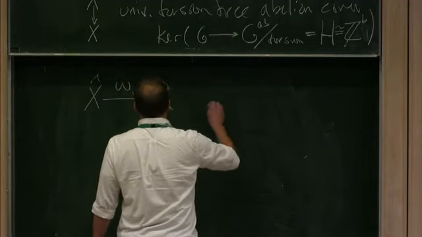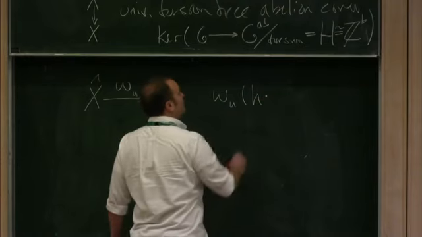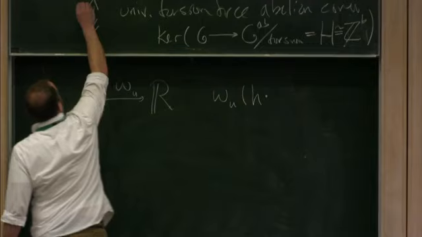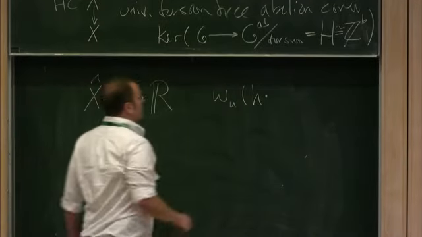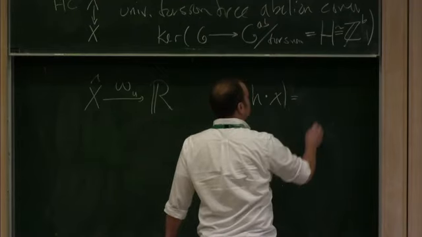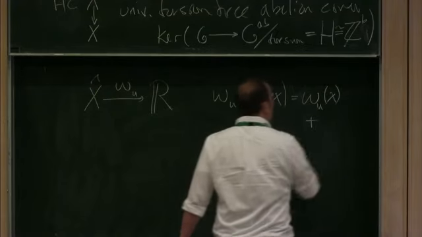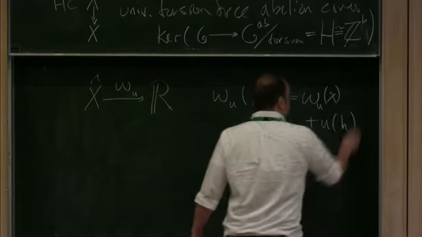That is, if I take omega u and apply some element h of H, where H is the covering group, to x, that should be the same thing as applying this function to x and then adding u of h.